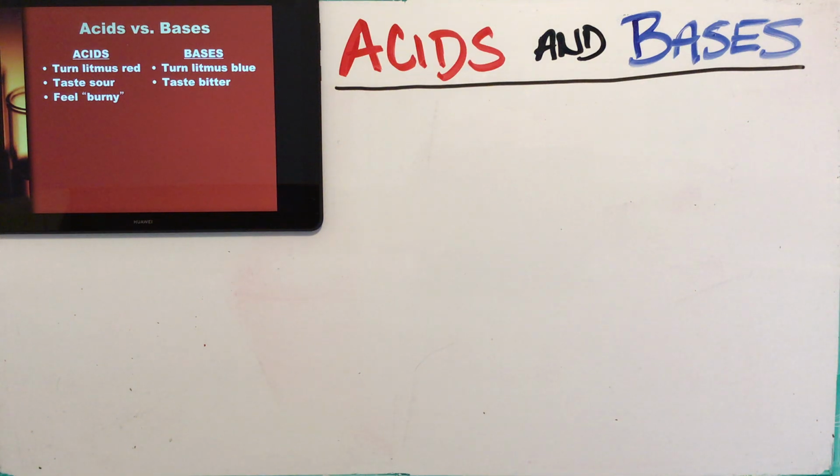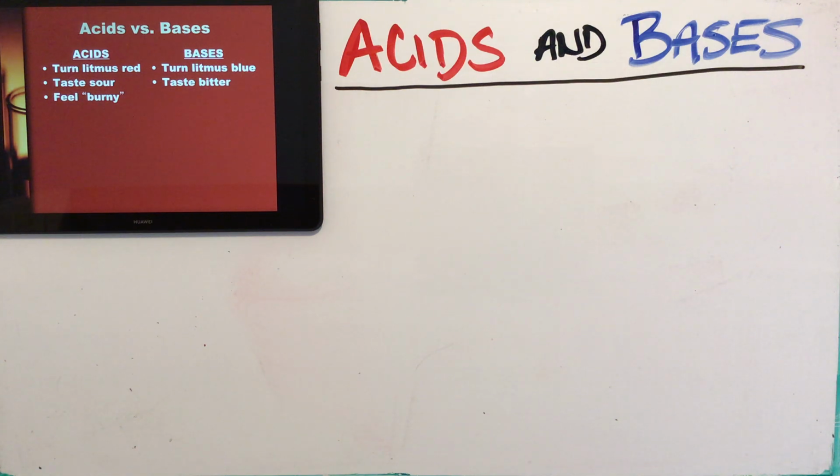Baking soda is a base, and if you ever taste baking soda, it is quite bitter, right? We use a lot more acids in our foods, as far as taste goes, than we do bases. In the lab, of course, we would never taste either of these things. We don't taste any chemicals in the lab, but when we do use them in foods, that's the taste that they give.